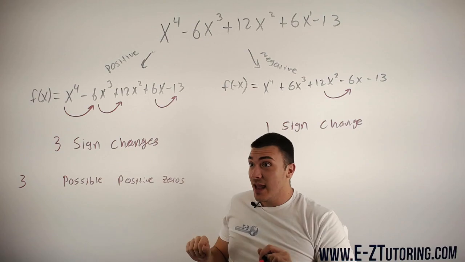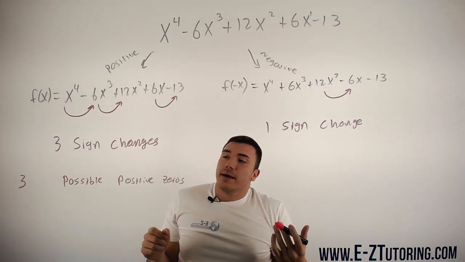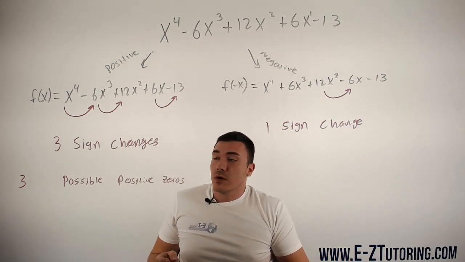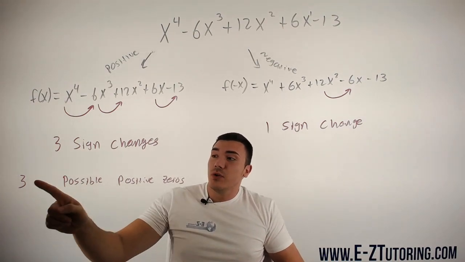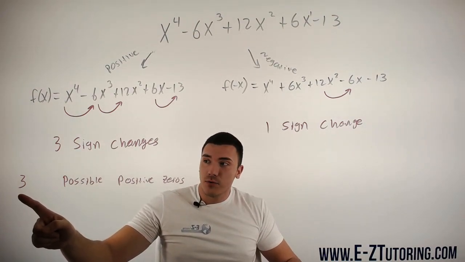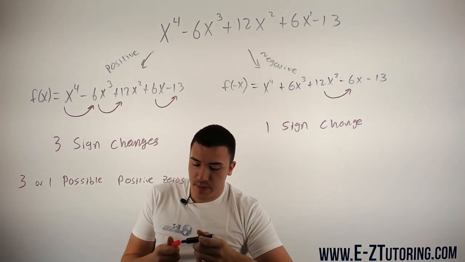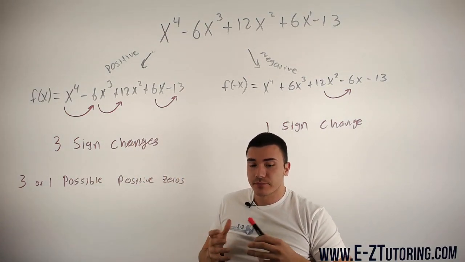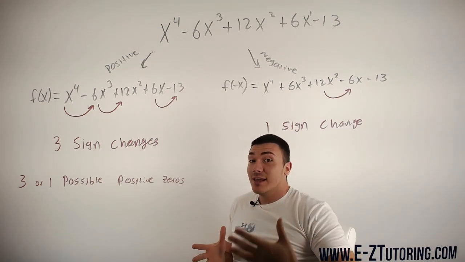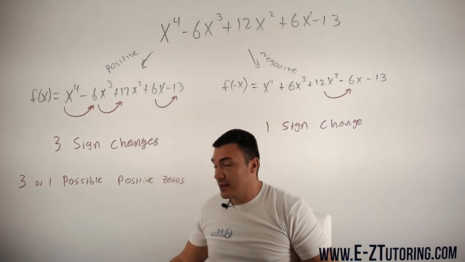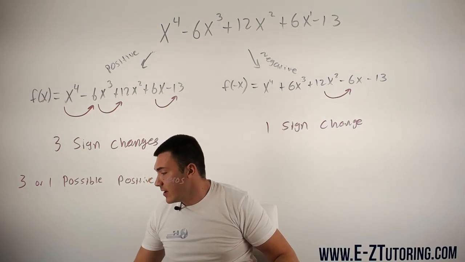Now, we're not done yet. Your number of possible zeros is always going to be your number minus 2. So 3 or 1 possible positive zeros. Now, you have to continuously subtract 2 until you get to 0, or really just a negative number.